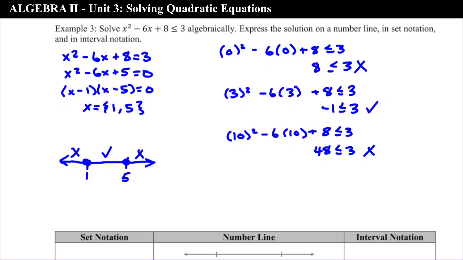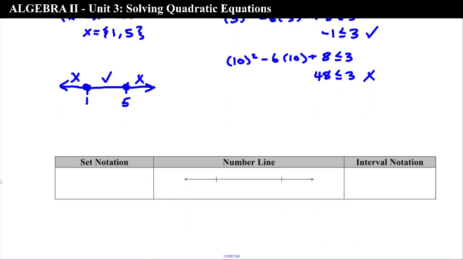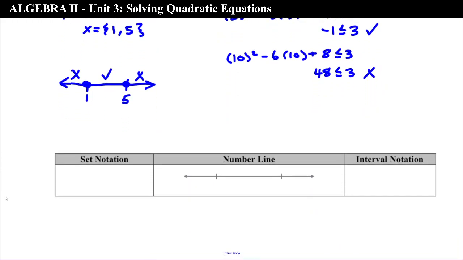So now we have everything we need to do the final answer for this. So we have the numbers 1 and 5, and we have a solid dot at 1 because we're including it. Same thing for 5. And we have everything between the 1 and the 5 as part of our solution.